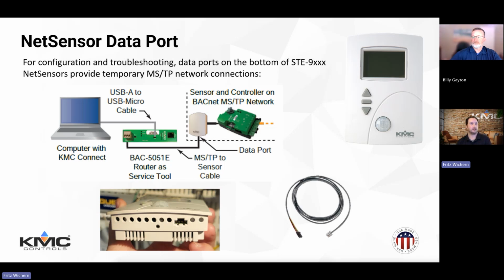And what that does is it goes through the room sensor port from the net sensor back up to the controller and connects you to the BACnet MSTP trunk that net sensor and controller are connected to.